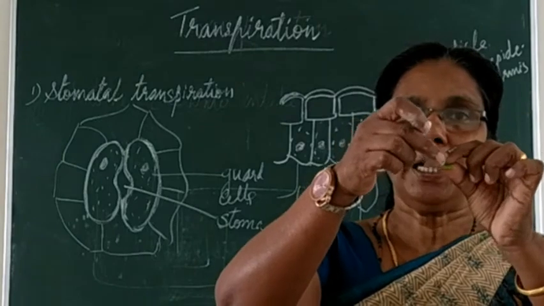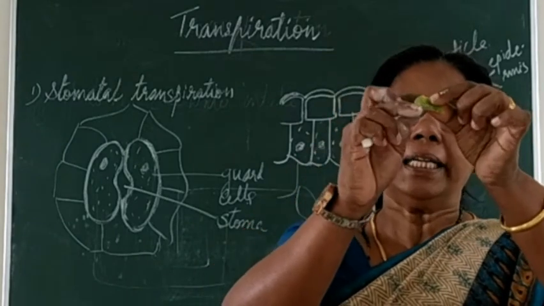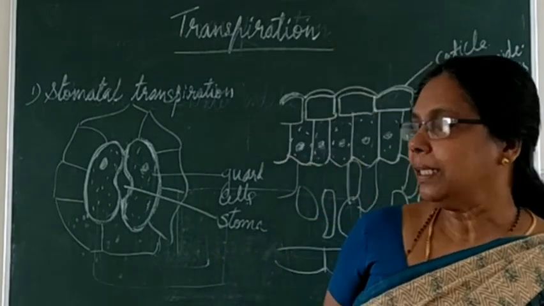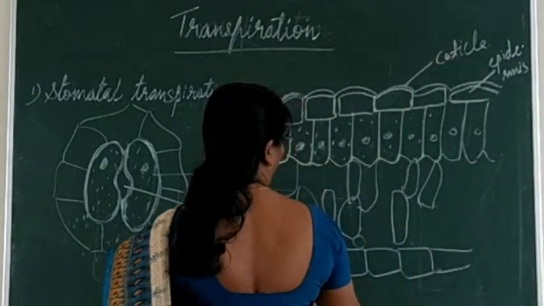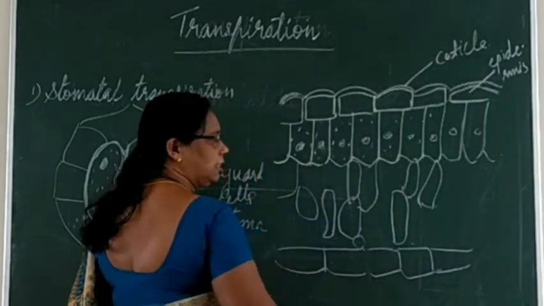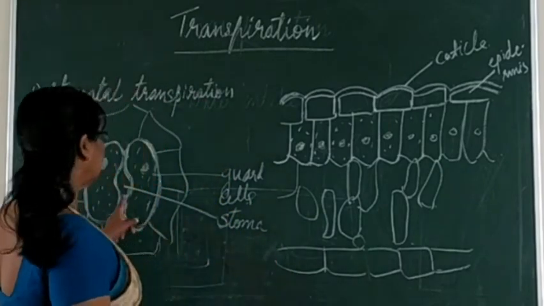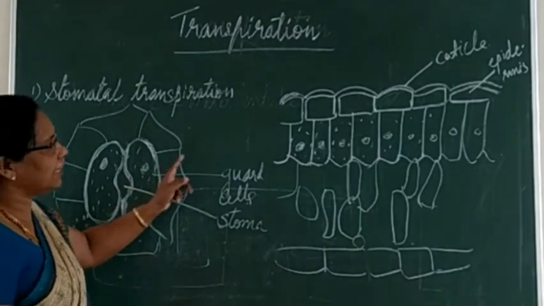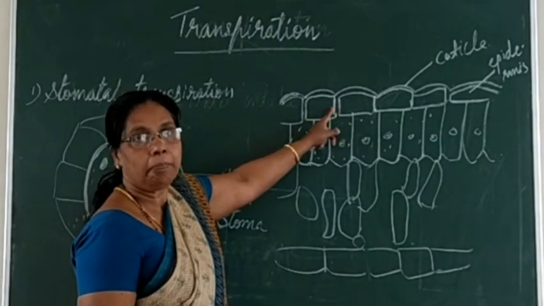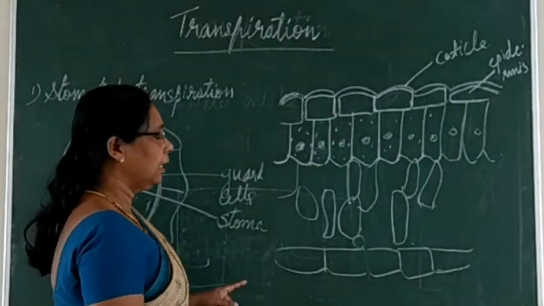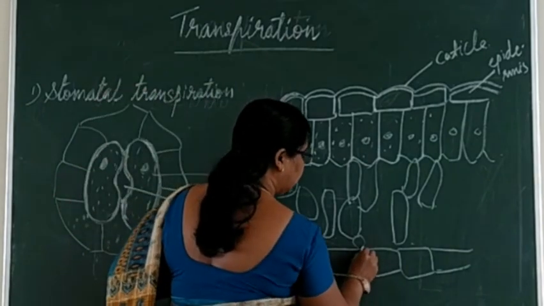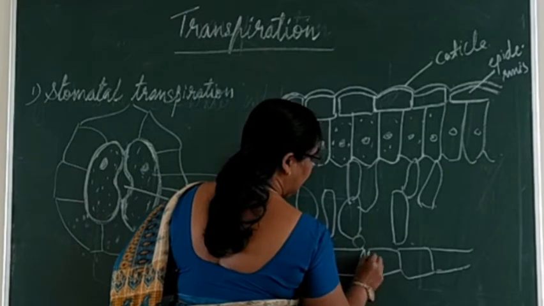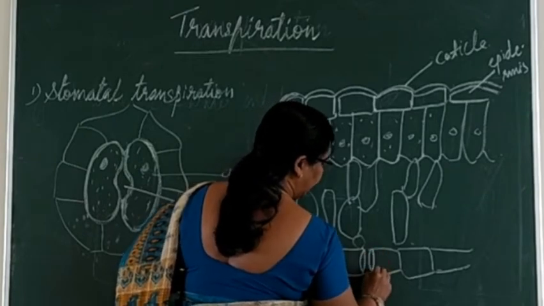This is the upper epidermis on the top, and here is the lower epidermis. In the lower epidermis, what is the speciality? Stomata are present, whereas they are absent in the upper epidermal region. So here you can see the small stomatal openings here and there.